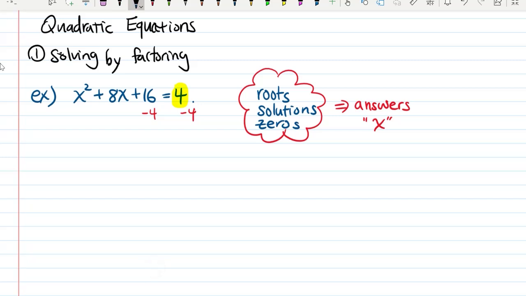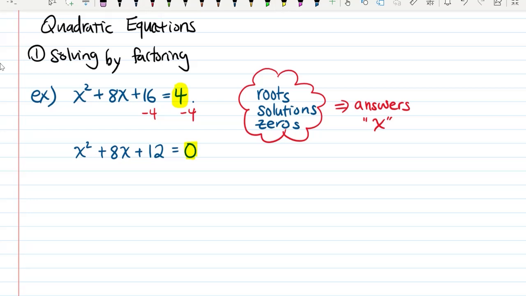So the better form of the equation is x squared plus 8x plus 16 minus 4, that's 12, equals 0. So that way we have the 0 on the right side of the equation. So now it's good to go that you can do the factoring to solve for x.